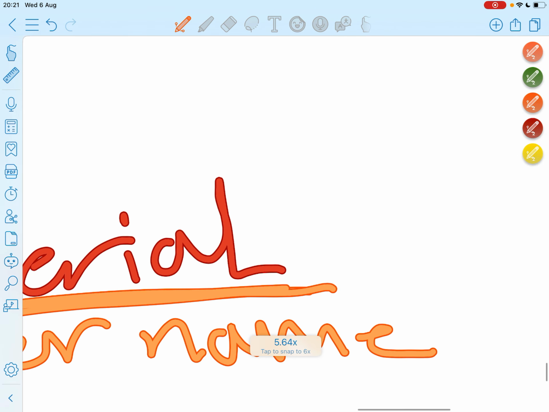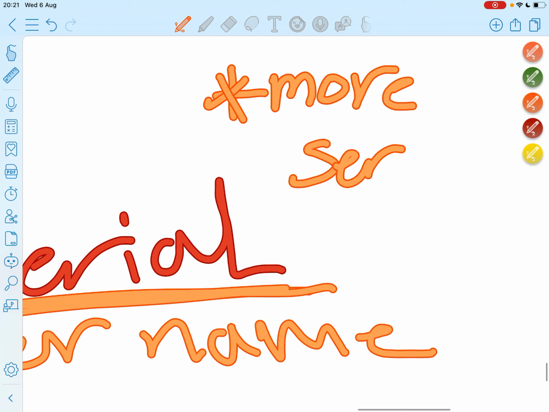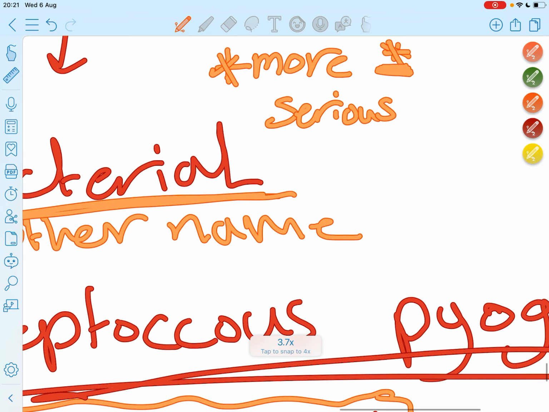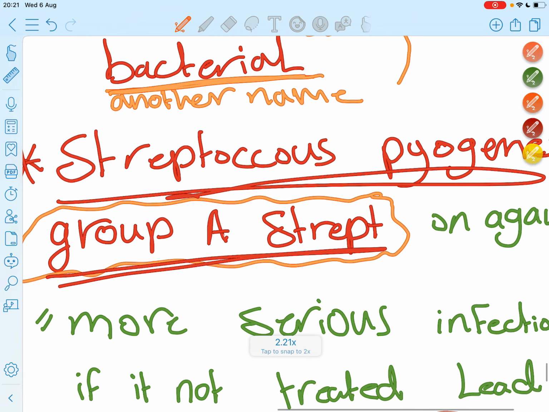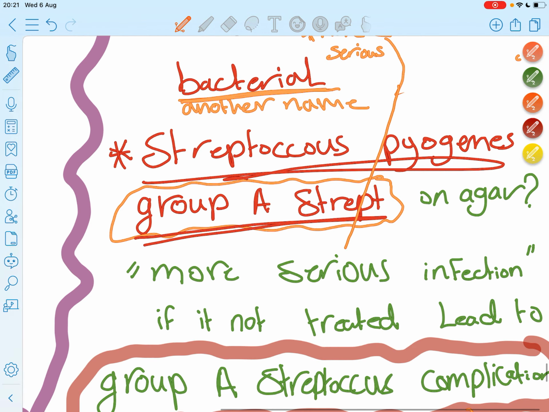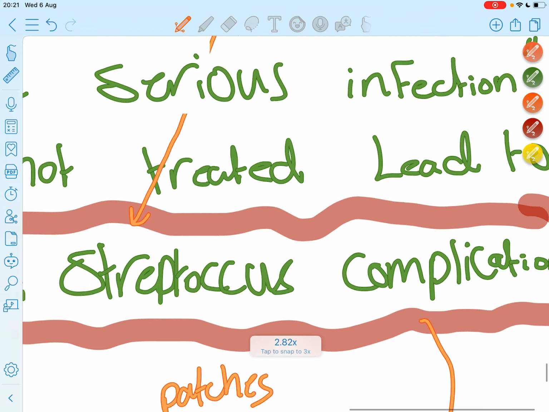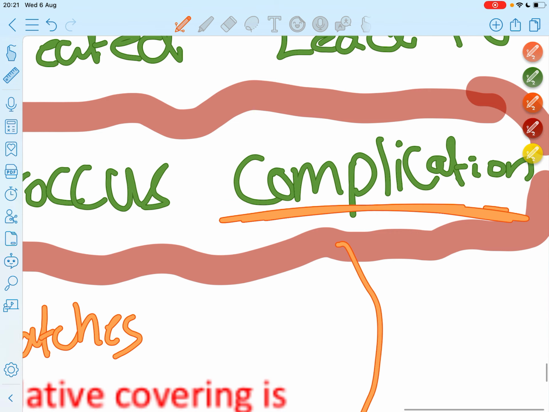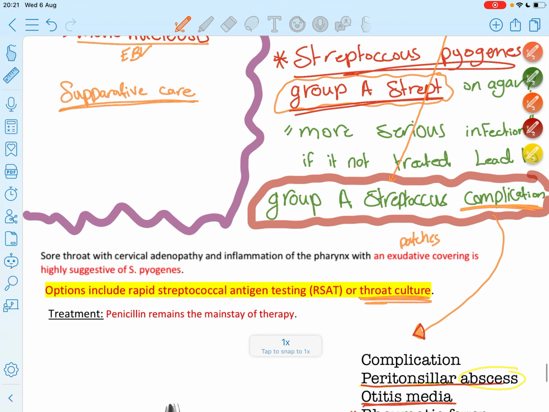But we should know that the bacterial cause is more serious than viruses, because if we do not treat it, we go into complications. These complications are called Group A Streptococcus complications.